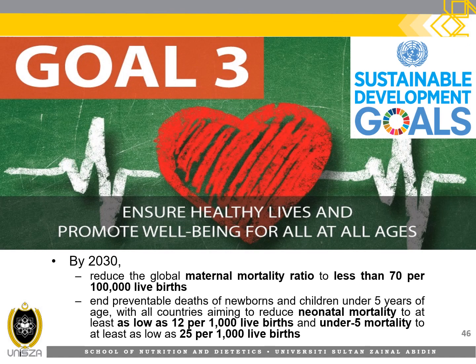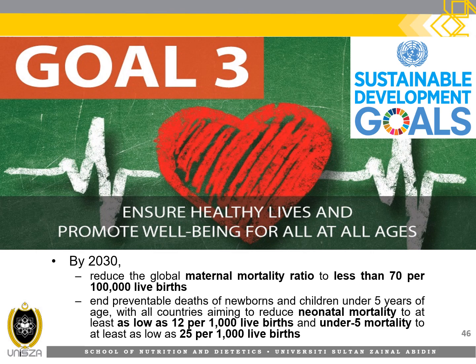If you look at Sustainable Development Goals, goal number 3, which is to ensure healthy lives and promote well-being for all at all ages, the goal is by 2030 to reduce the global maternal mortality ratio to less than 70 per 100,000 live births.